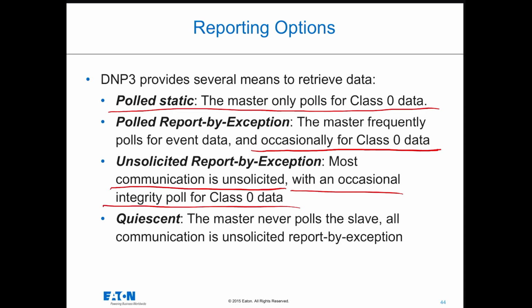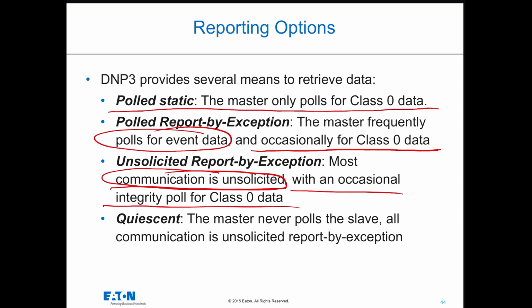Okay, now it almost looks like it's the same thing, but the difference is that in polled report by exception, we're polling for event data, and in the second one, communication is only when there are events, right? So with polled report by exception, the network is never quiet.